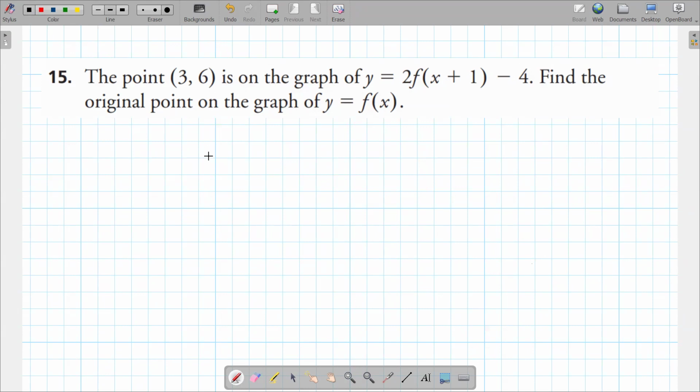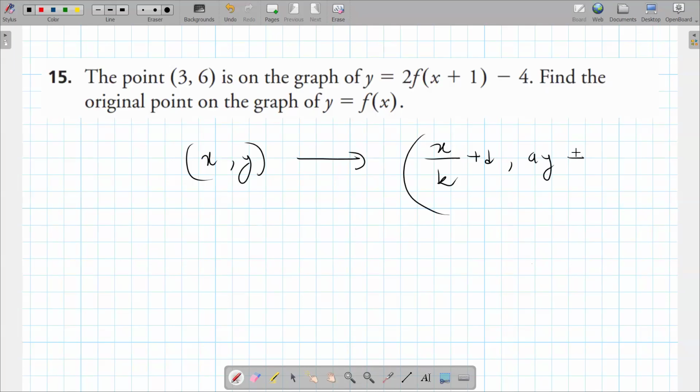It says any point x, y on the original curve transforms to x over k plus d, ay plus c. You see these points? Are these x, y's or are these x over k plus d, ay plus c's?